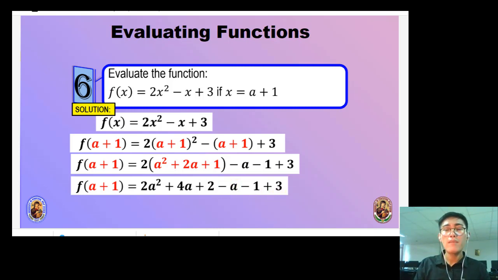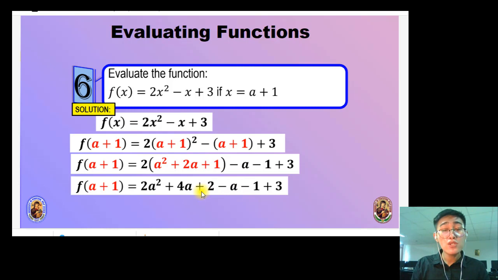Next, final requirement, we combine like terms. As you can see guys, 2a squared does not have a like term inside the given terms. So we could just write 2a squared as is, but for 4a and negative a, they are like terms.